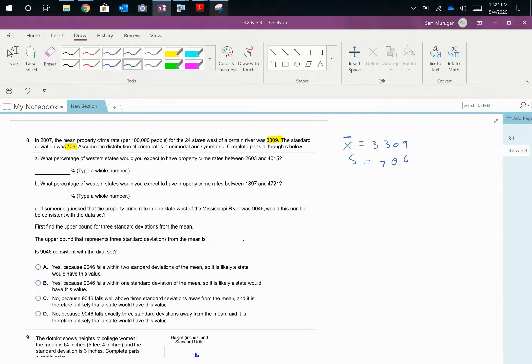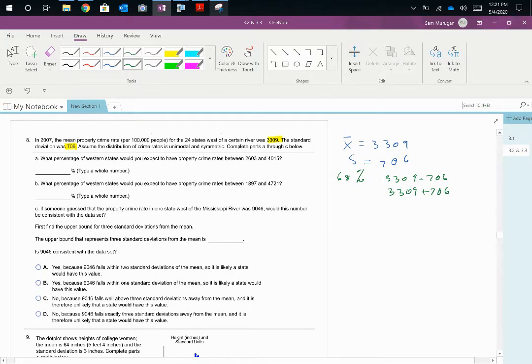Let's see what happens with one standard deviation, 68%. Let's do the minus first: 3309 minus 706, and 3309 plus 706.